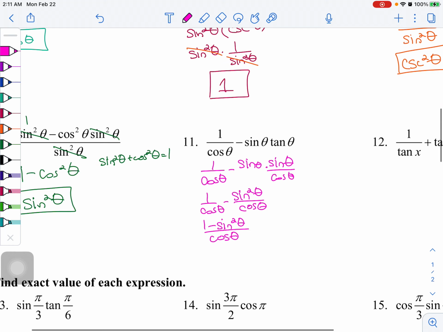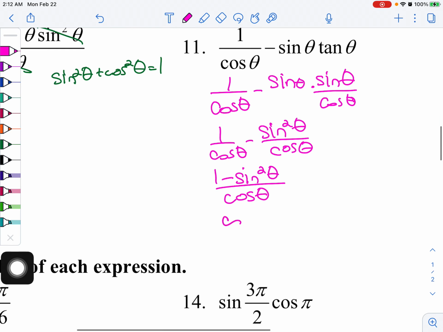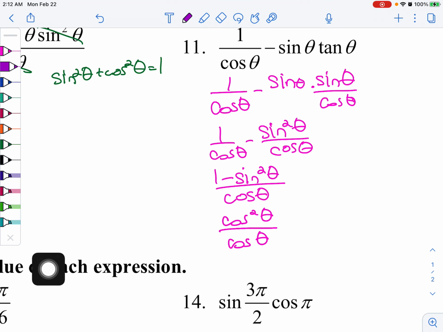Combine them into a single fraction. So 1 minus sine squared theta over cosine theta. In the same way that 1 minus cosine squared theta turned into sine squared theta, 1 minus sine squared theta is going to turn into cosine squared theta.